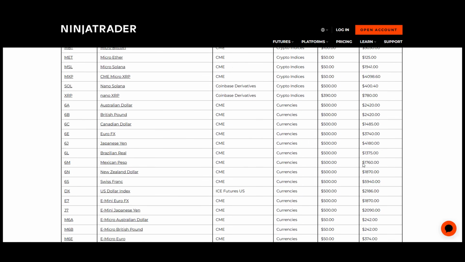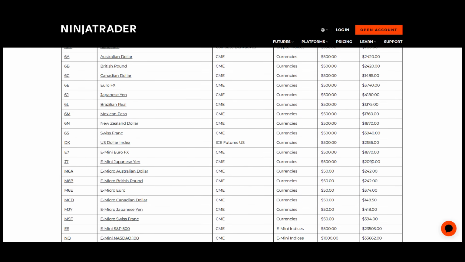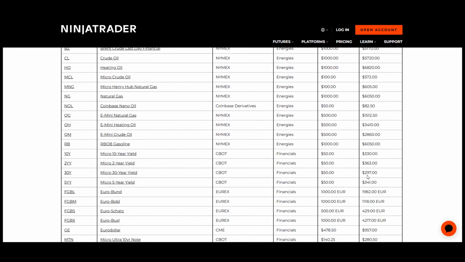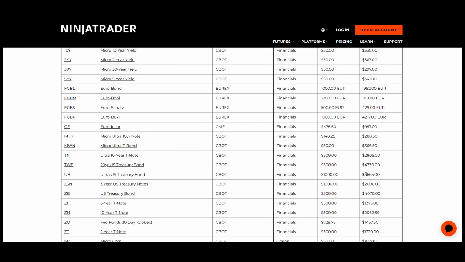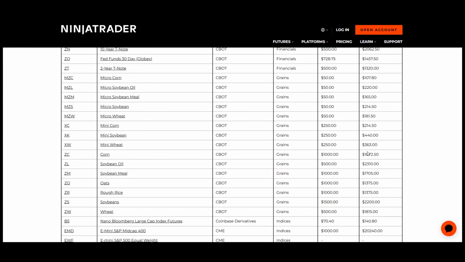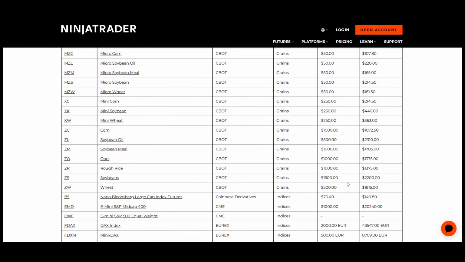If we scroll down looking for a few others as well, what can we find? Crude oil, 1,000 versus 5,720. What else could we see down here? We've got some other micro contracts here where you can see a lot smaller size and cost to the trader.